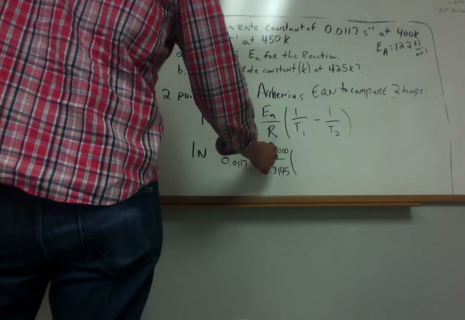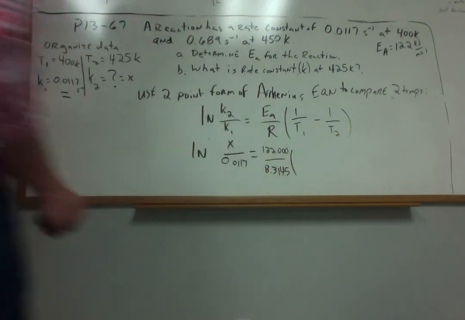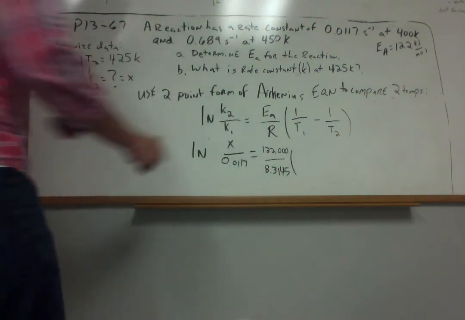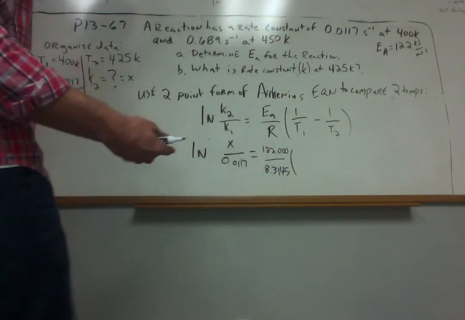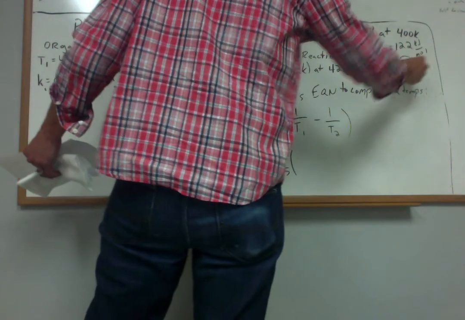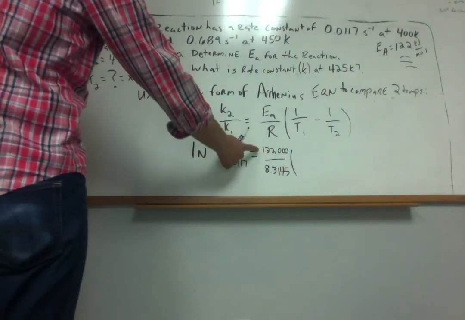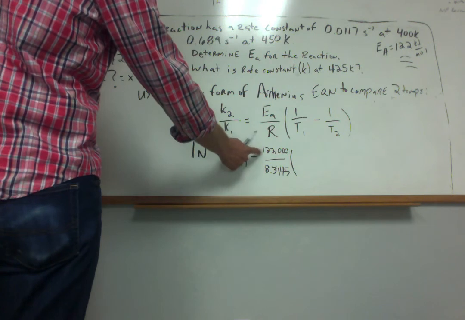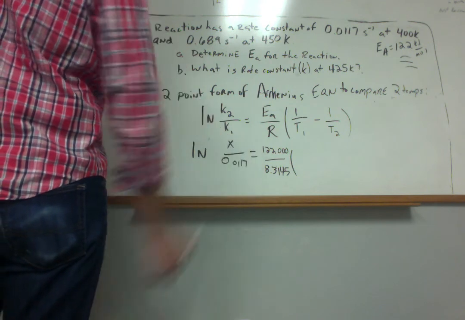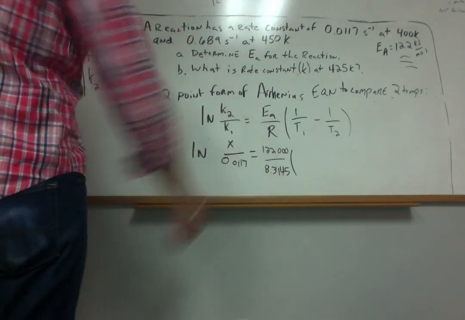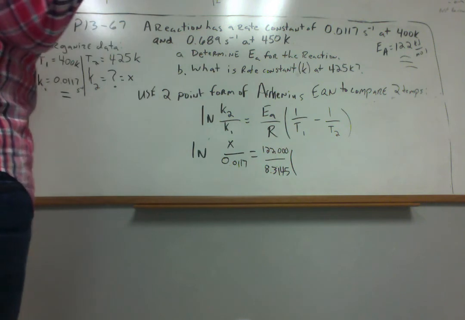Remember that R has units of joules attached, so EA must be in joule units as well. Here I wrote it in kilojoule units, but I multiplied that by 1,000 to 122,000 when I put it here, because it needs to be in joules per mole to make the units jive and cancel. All right, but nonetheless, we got the ratio.